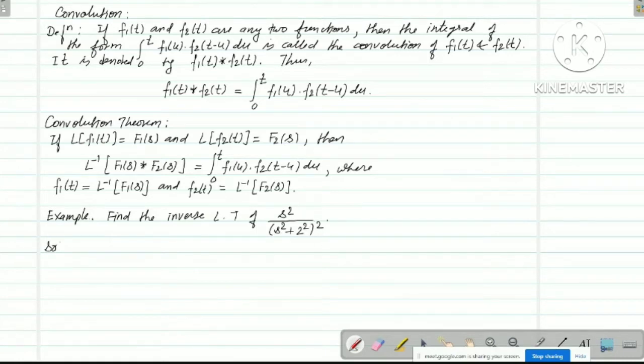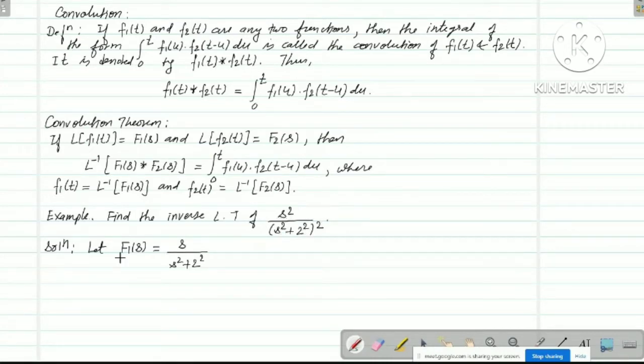So let us start the solution. We first let the function F1(s) equal to what? s upon s square plus 2 square, because this is the square of it. This is s upon s square plus 2 square, the whole square.